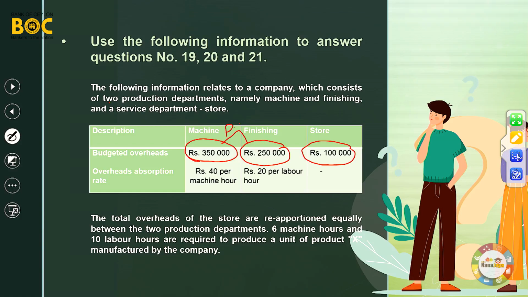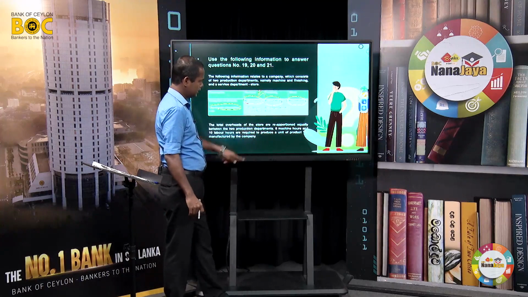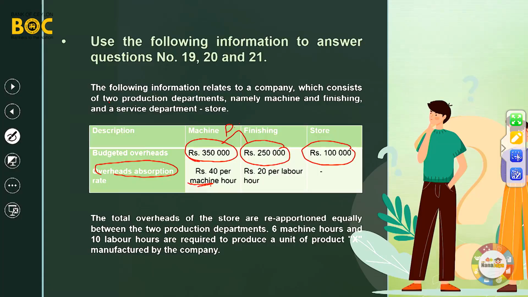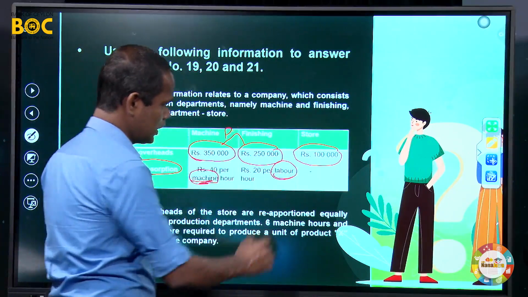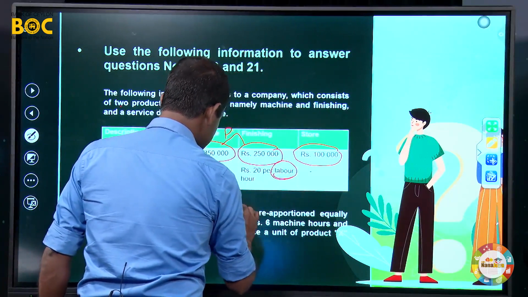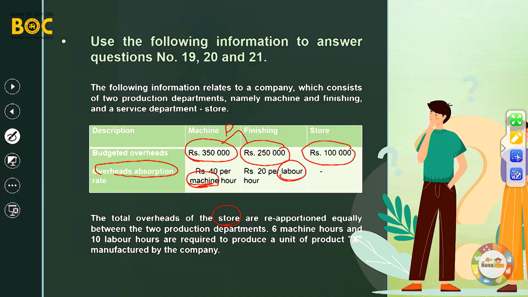The overhead absorption rate they have calculated. How do you calculate it? We know now: budgeted overheads divided by budgeted basis. So here it is 40 rupees per machine hour and 20 rupees per labor hour. The total overheads of the store are reapportioned equally. The store is the service department.